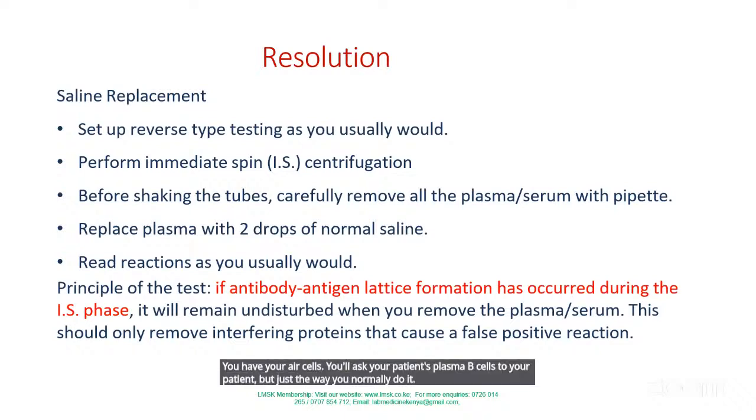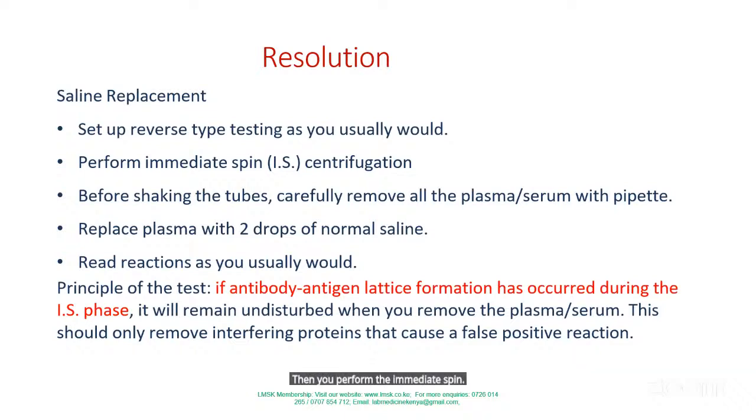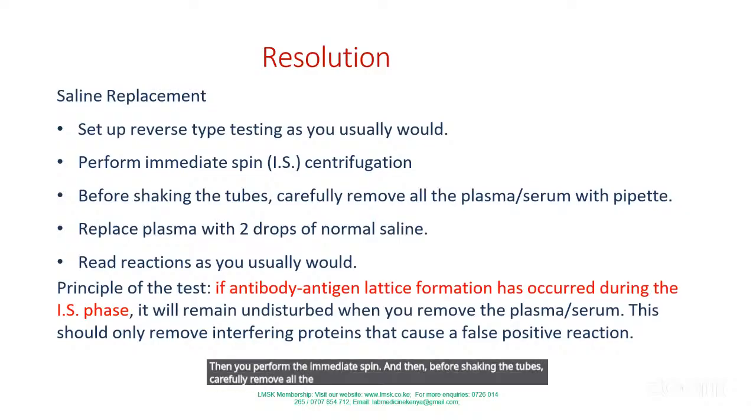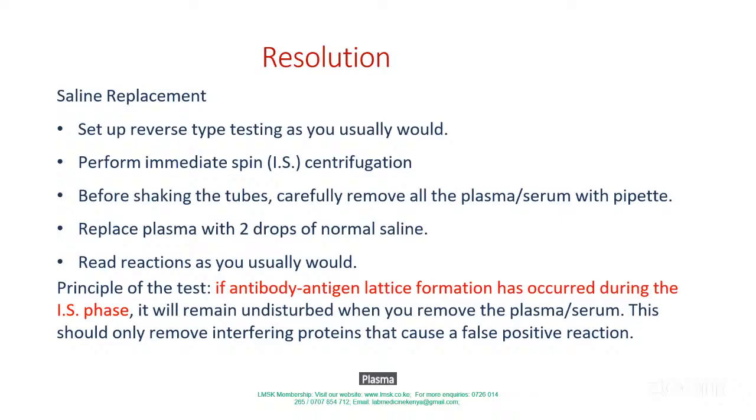Then you perform the immediate spin, and then before shaking the tubes, carefully remove all the plasma, the serum, with a pipette, and then replace the plasma with 2 drops of normal saline, and read the reaction as you normally do. As we have said, if the agglutination is true, it will remain. But if it is just Rouleaux or proteins, it will dissolve.